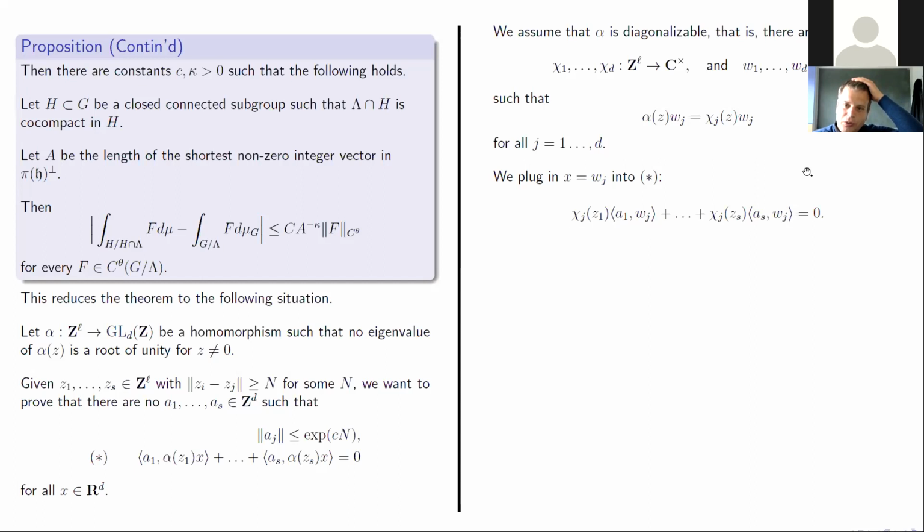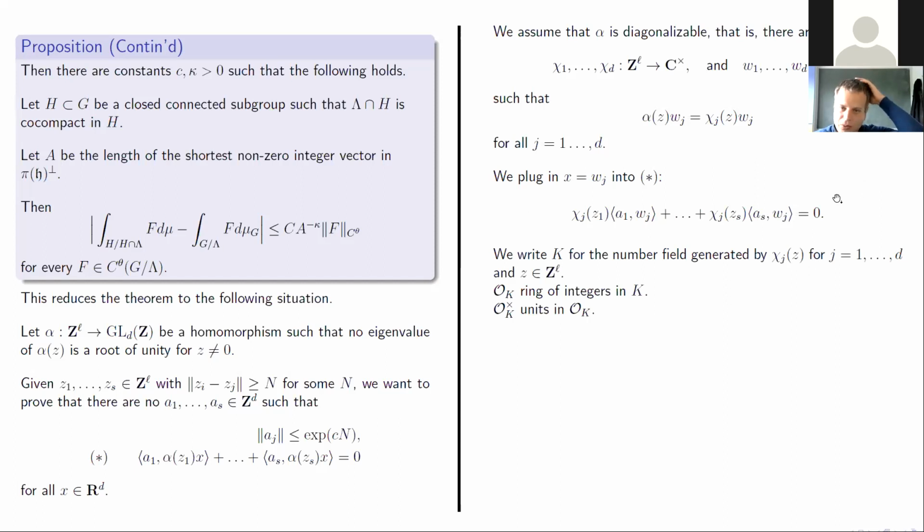So we get an equation of this kind, and the next thing that I want to talk about is that these numbers chi_j(z) are very special, and because they are very special, you don't expect that they would satisfy an equation like this.